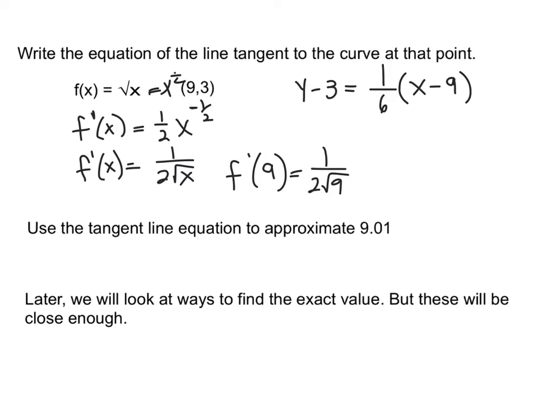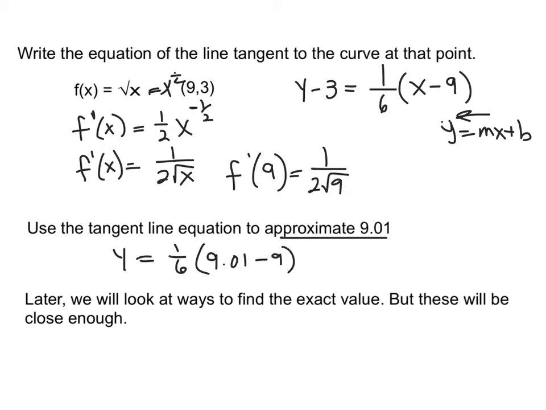In order to use it to approximate another value, I might want to make this into y equals mx plus b. That might make it easier, though it doesn't necessarily, but with that fraction there, it might. Another thing I could do is just put the 9.01 in there and use a calculator, and that's probably what I'll do here. So I'll say 1/6 times 9.01 minus 9, and then I'm going to add 3.